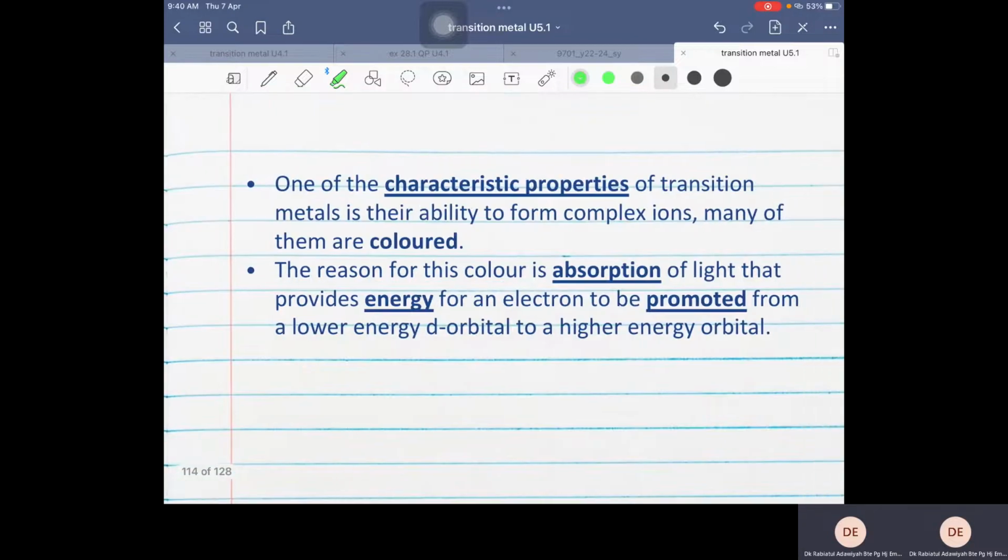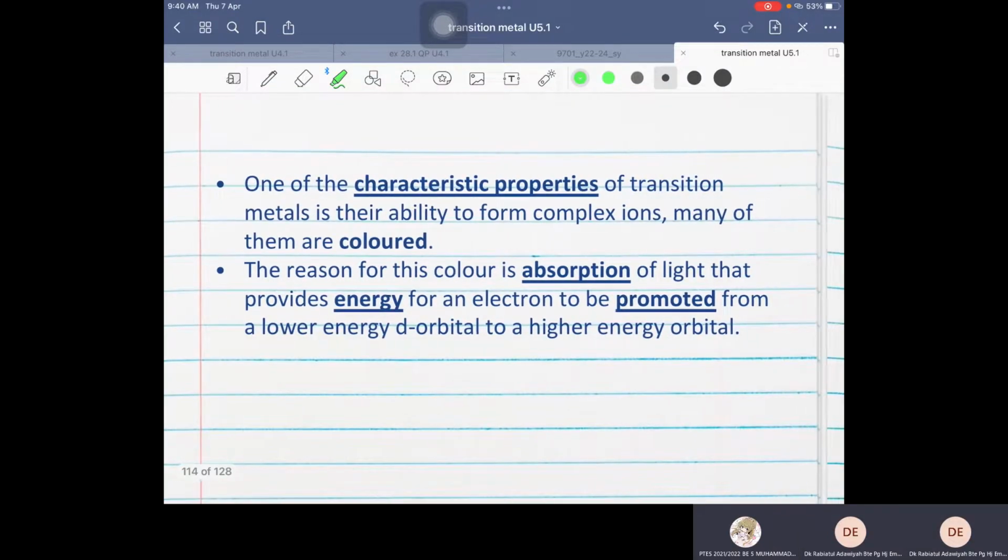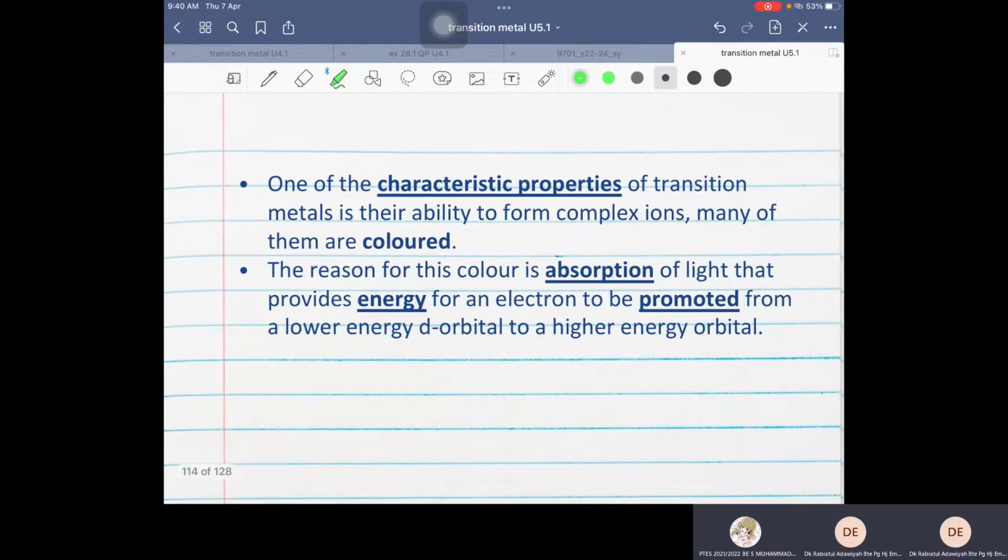Okay, so the reason for this color is due to the absorption of light. Electrons absorb light in the visible region. Only one type of light at a specific frequency or a specific wavelength. Okay?